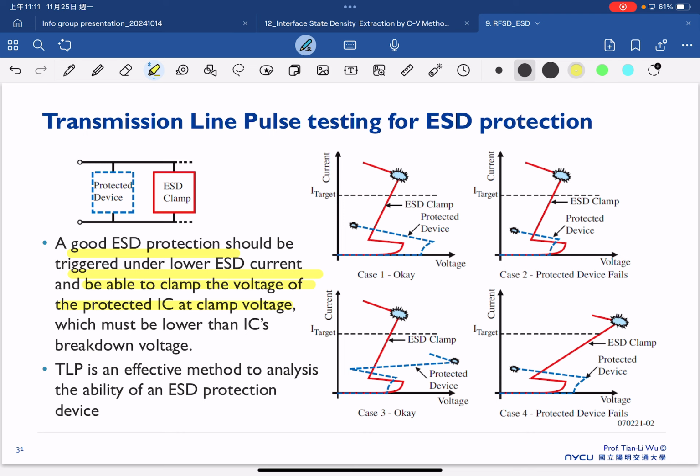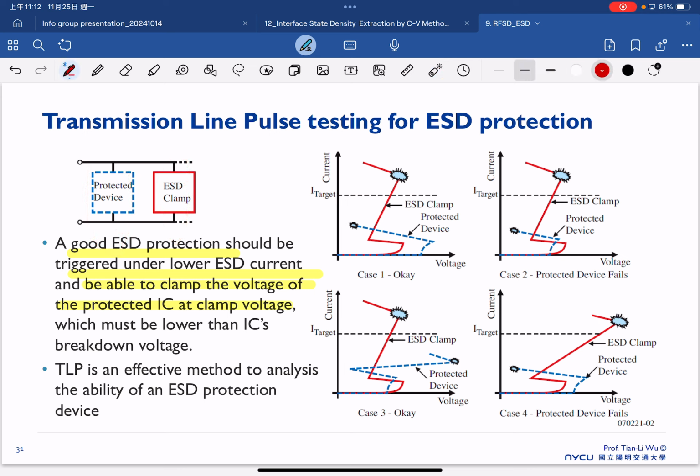Now the concept is that if you look at the original device, for sure we want this device to avoid the latch-up event. But for the ESD clamping device, we want this device to enter the latch-up event as early as possible, because then this can help us have the current leak away through this ESD clamping device.